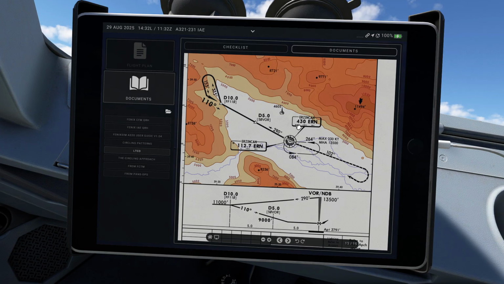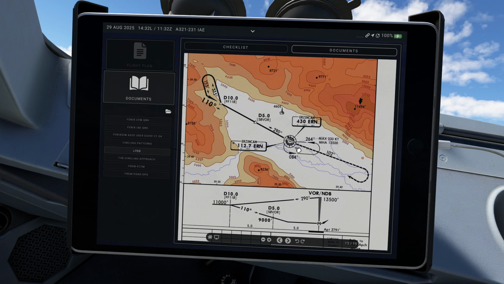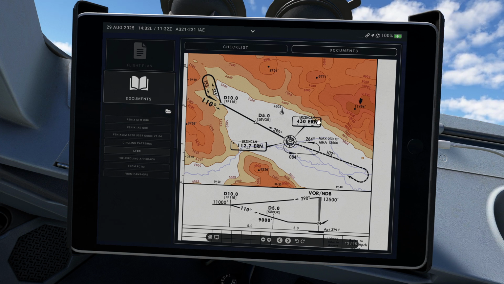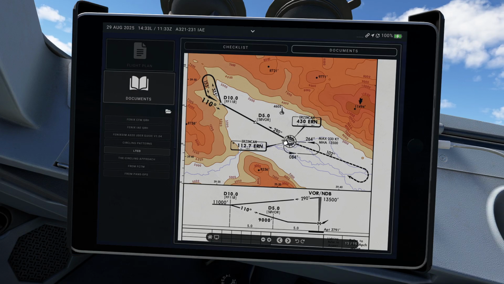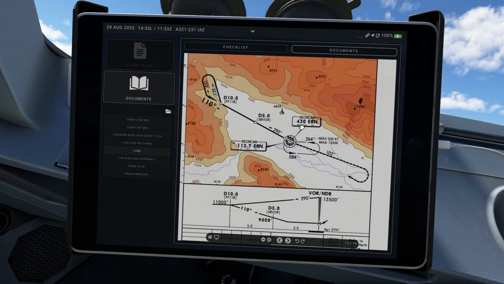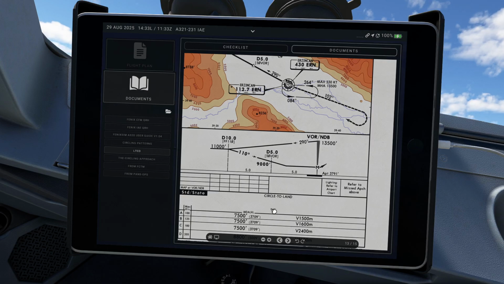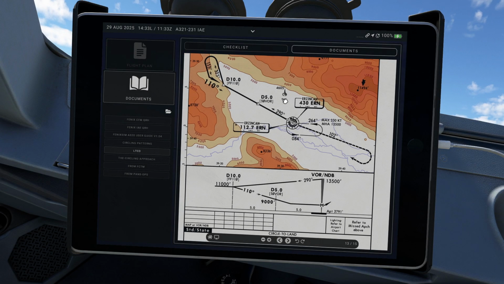Make a pattern from the north at 7,500. If we are able to maintain the aerodrome, terrain, ground, and especially the threshold of runway 10 in sight, we can descend below the MDA of 7,500.